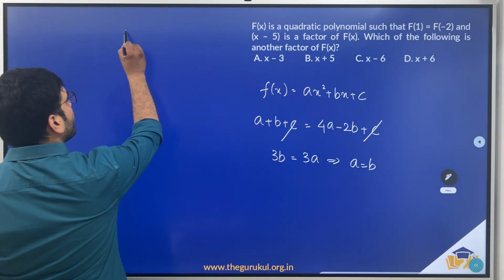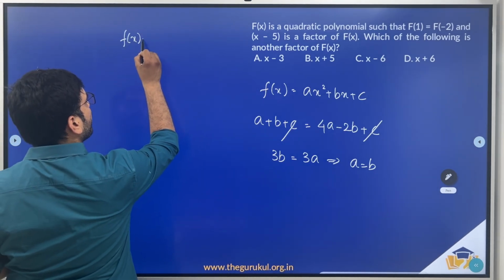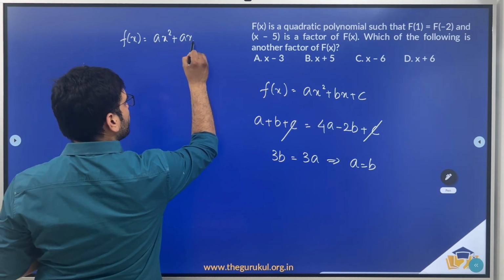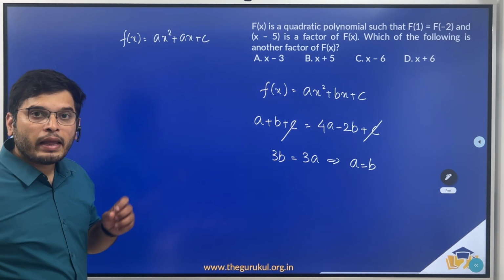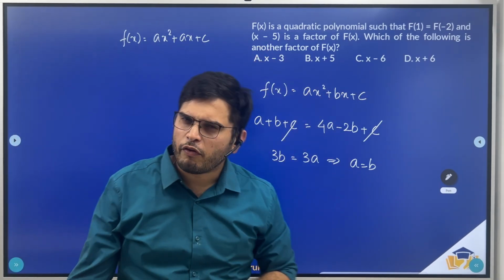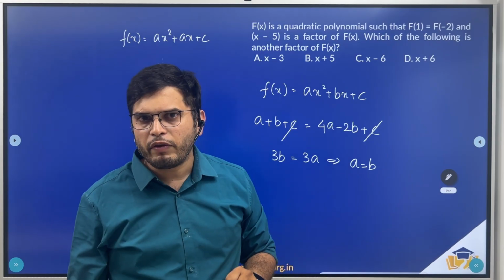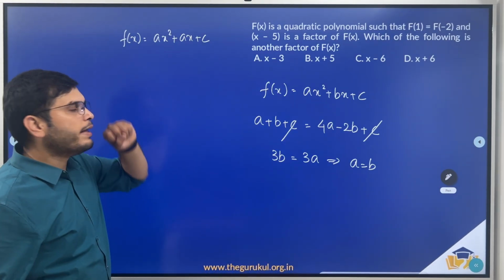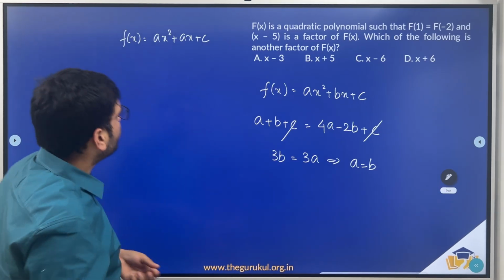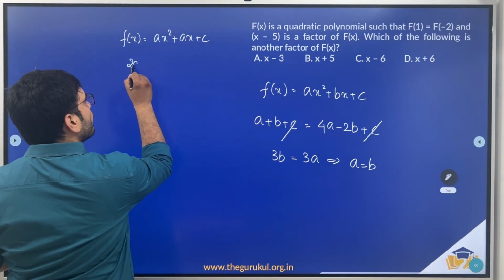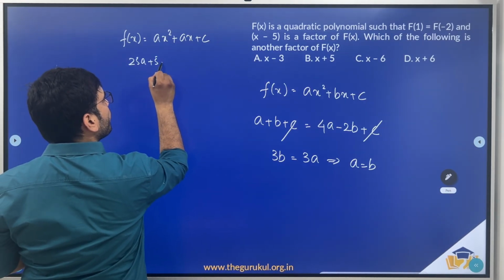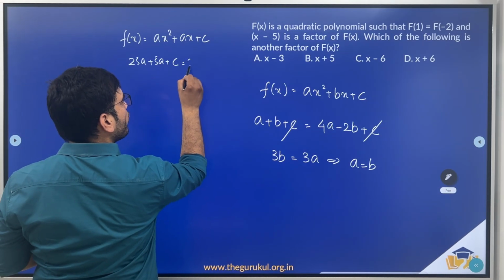Now the quadratic polynomial f of x should be in the form of ax square plus ax plus c, and now we are also given that x minus 5 is a factor of f of x. Now if x minus 5 is a factor of f of x, if I replace x with 5, the value of f of x has to be 0, right? So then 25a plus 5a plus c should be equal to 0.